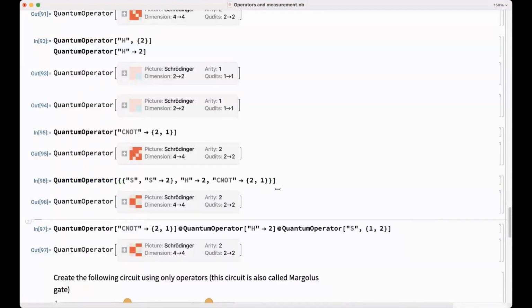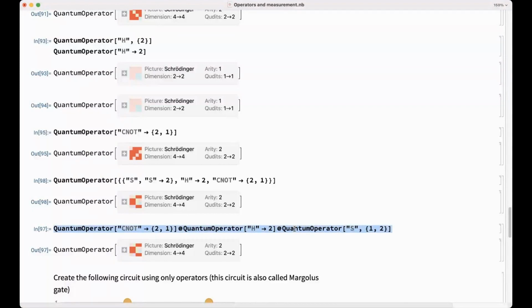So again, I fully understand. You may feel, okay, why do people do it like this, and why is this circuit written left to right? But when we apply a composition of functions, for example, if you look at line 97, it's clear that first you're applying S, then H, then C naught.